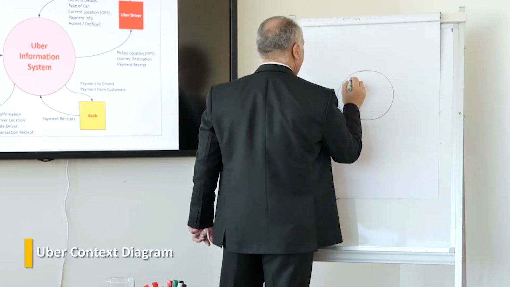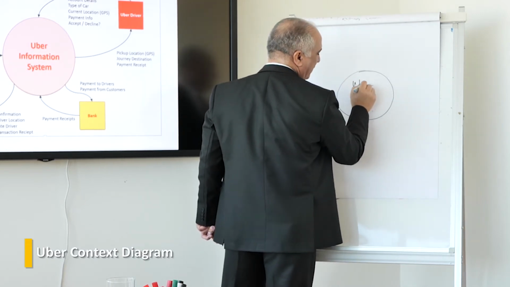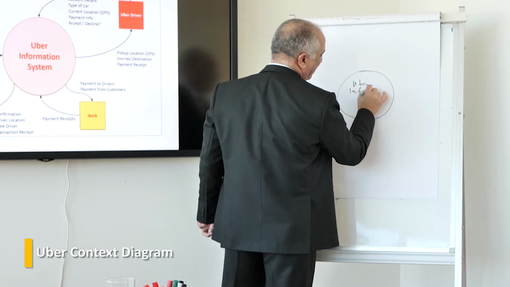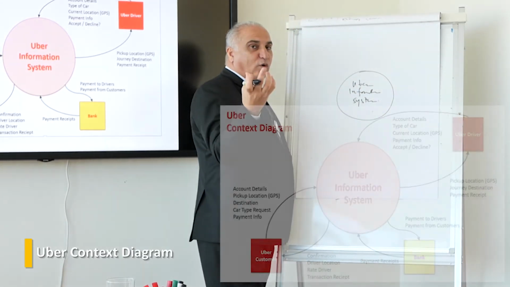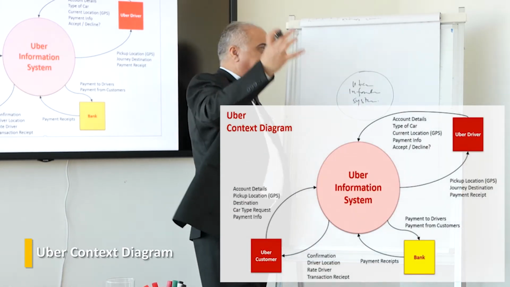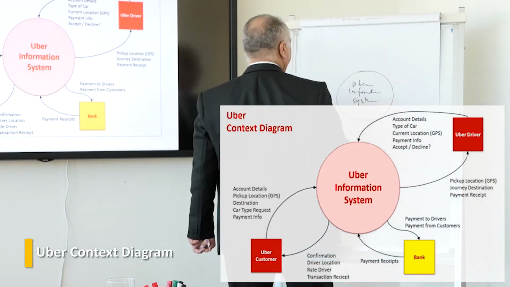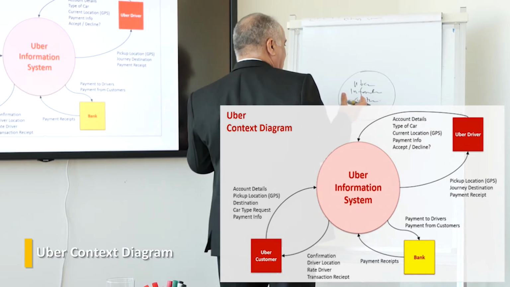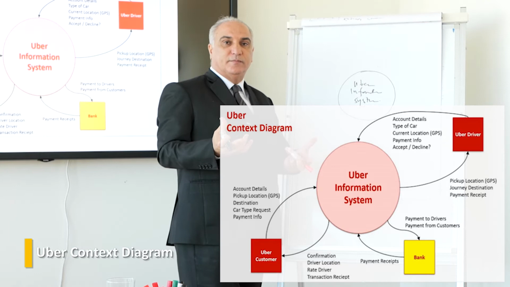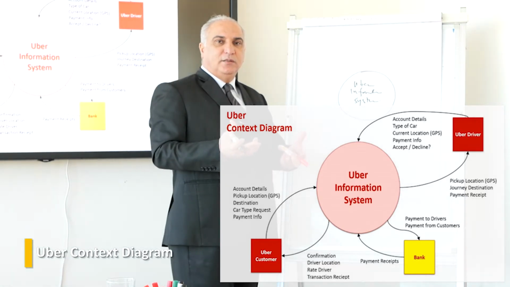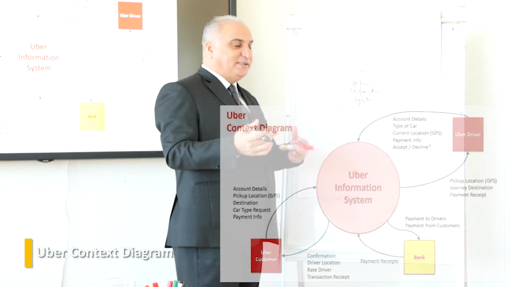In this case it is the Uber information system, the whole system at the highest level. This Uber information system has to interact with the external world, so we call them external entities.